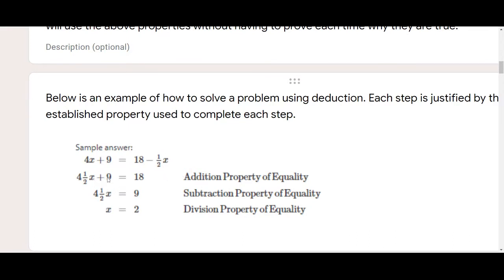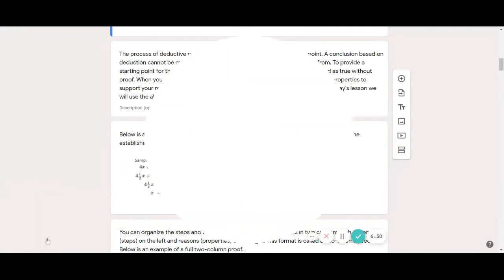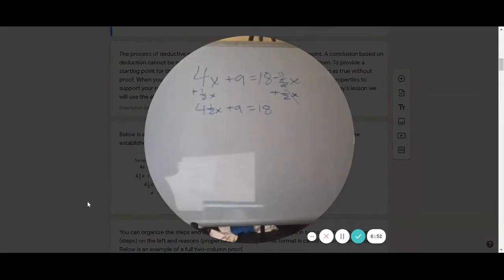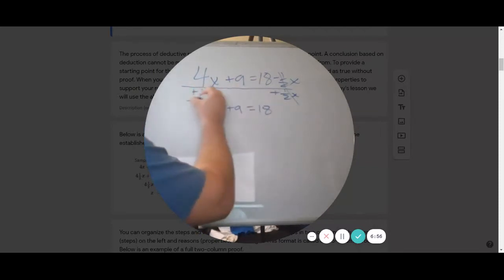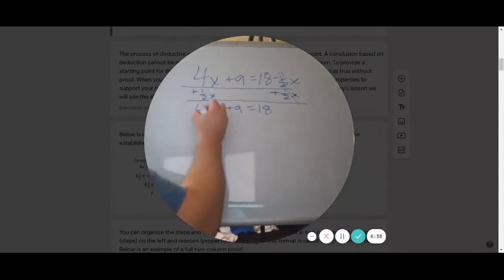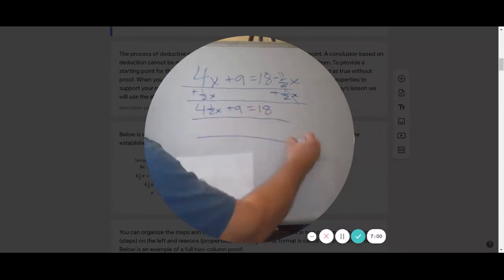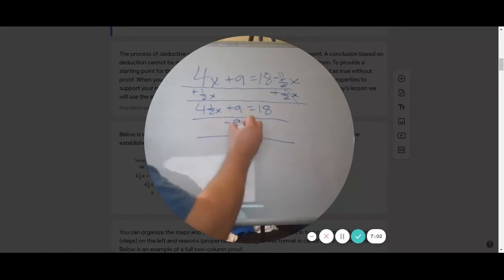Okay, now we can get from this line to that line, and what are we going to do? So let's just do what we would do if we were solving a problem. What would be the next step? So see right here, here's the actual step that I took that they're not showing you. So let me show you another step that they're not showing you. We would do minus 9, so it's gone from there.